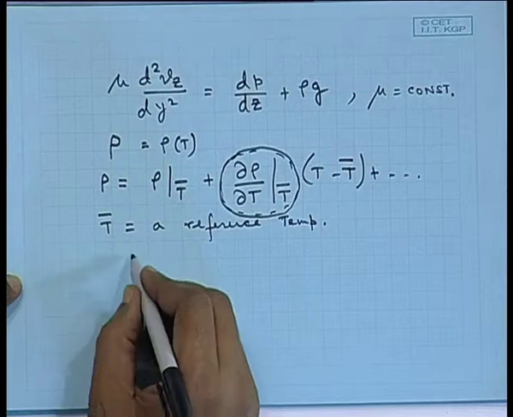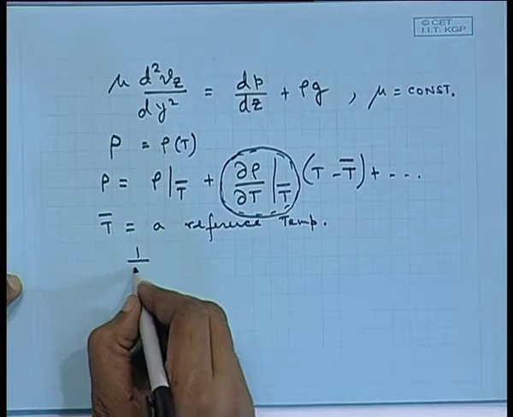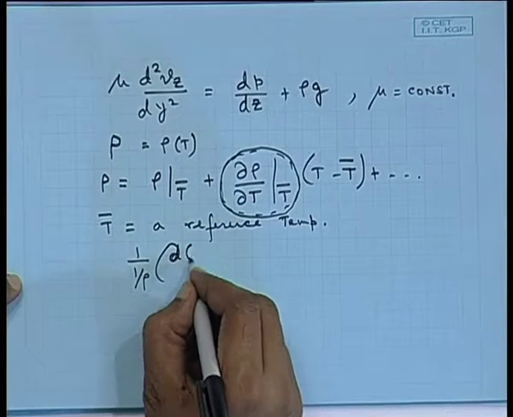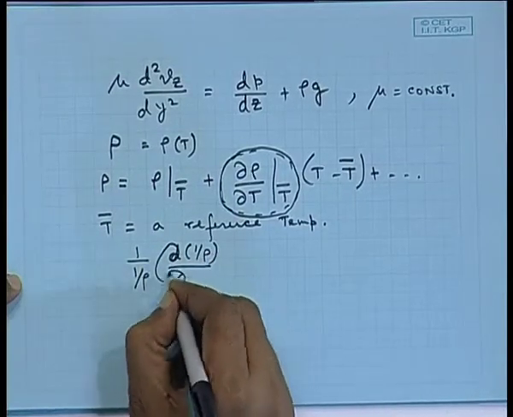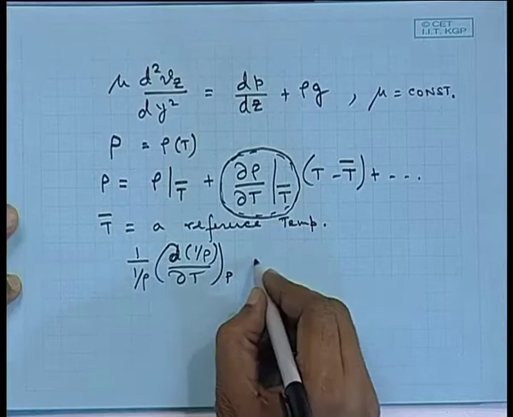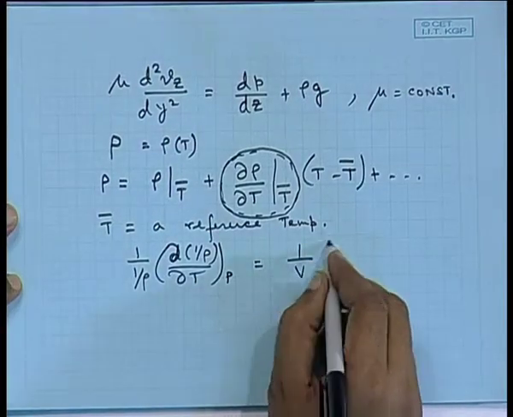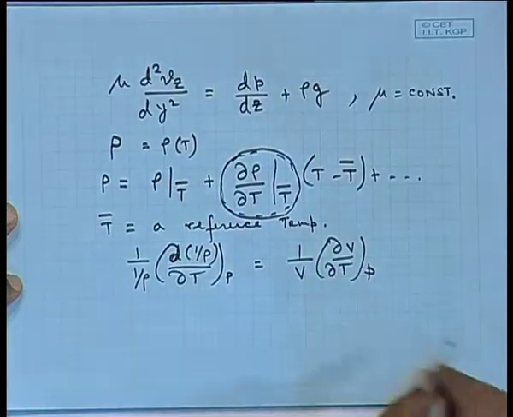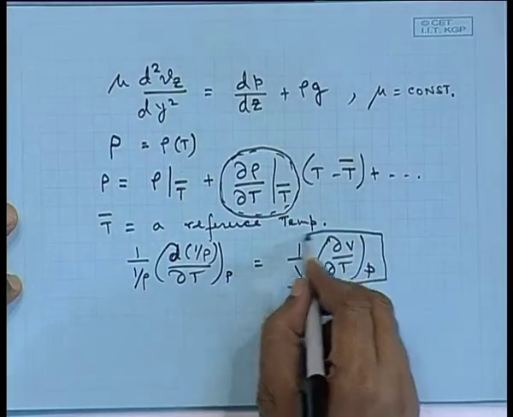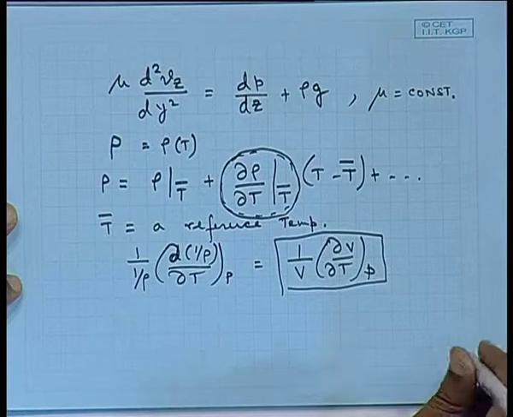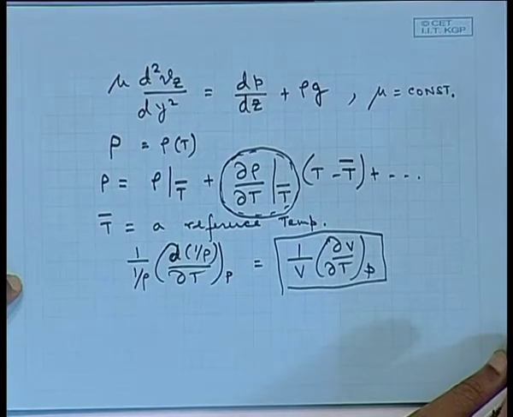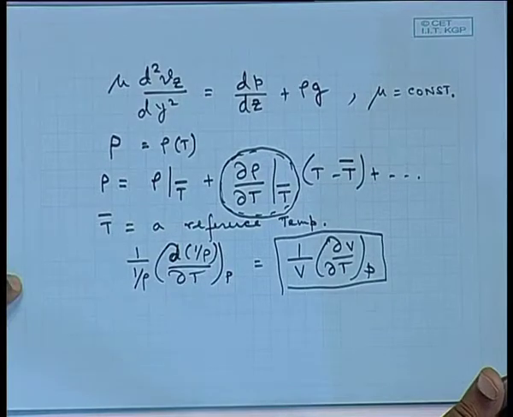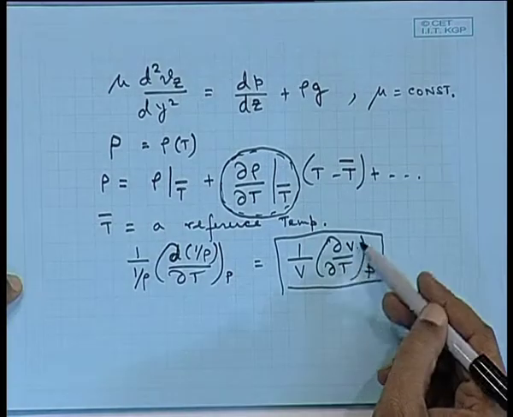Or if I say it's like this, this is also the same as, what is this? You have studied it in thermo somewhere. What is this called? No, it's not CP. What do you see here?